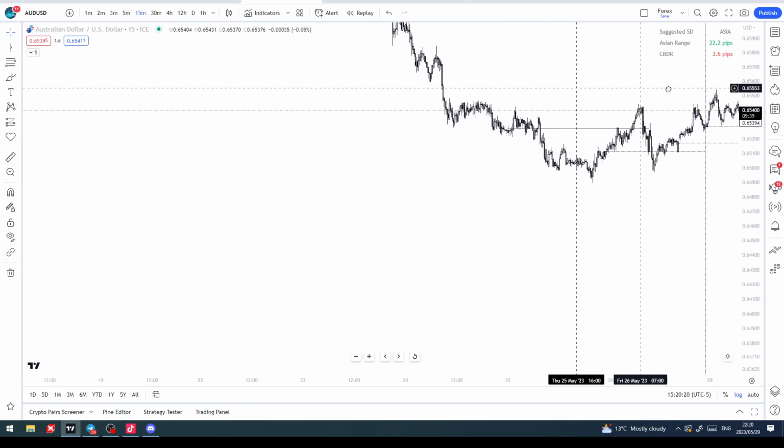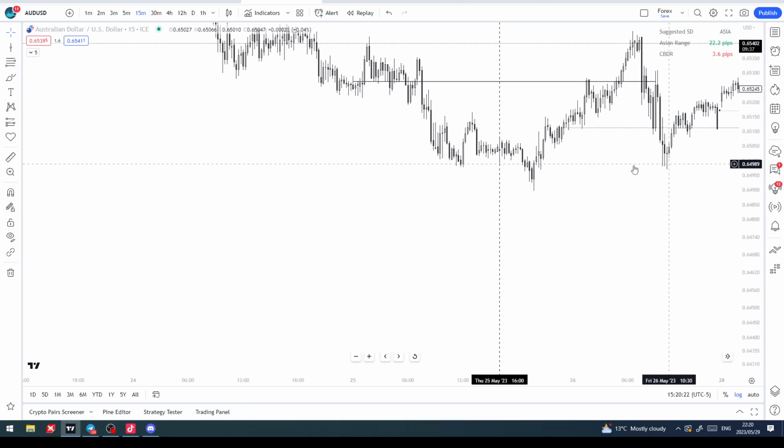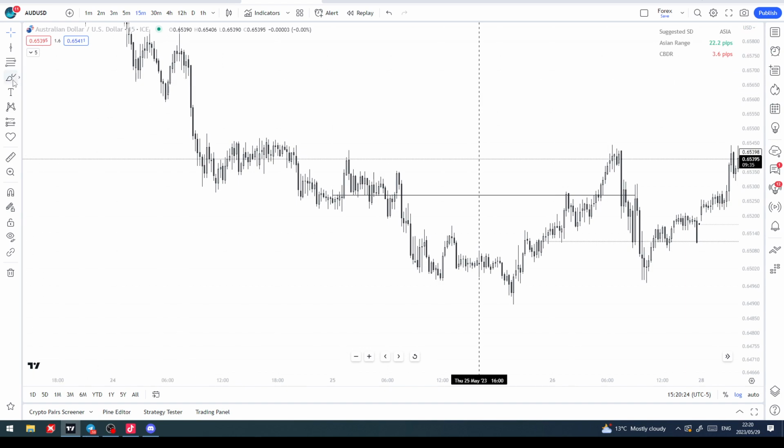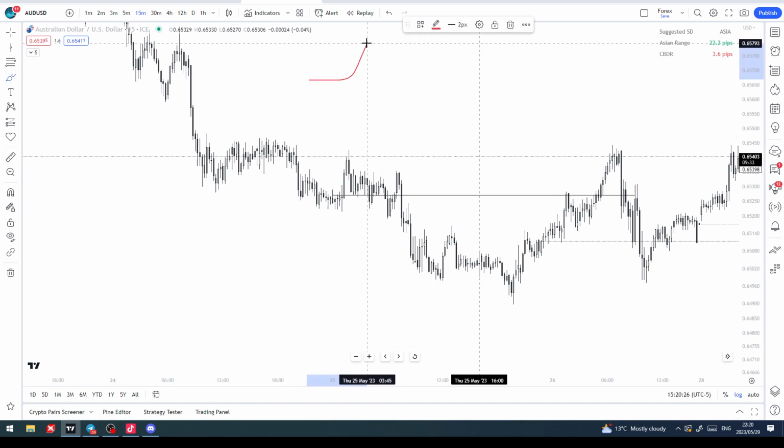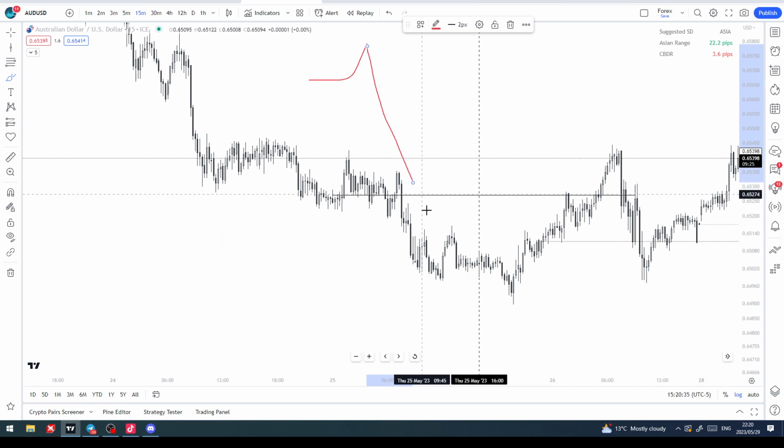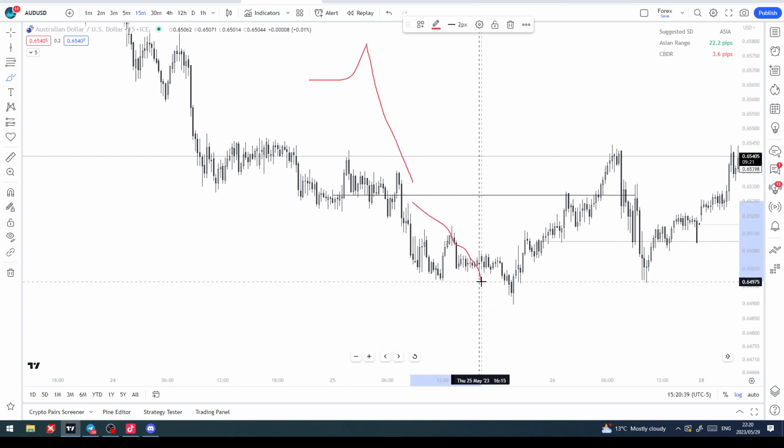So again, if you understand weekly profiles, Monday high of the week. So price opens, trades high on Monday, Tuesday, Wednesday, Thursday trades lower. And you can see here, midnight New York here, price traded lower and closed below midnight New York on Thursday.